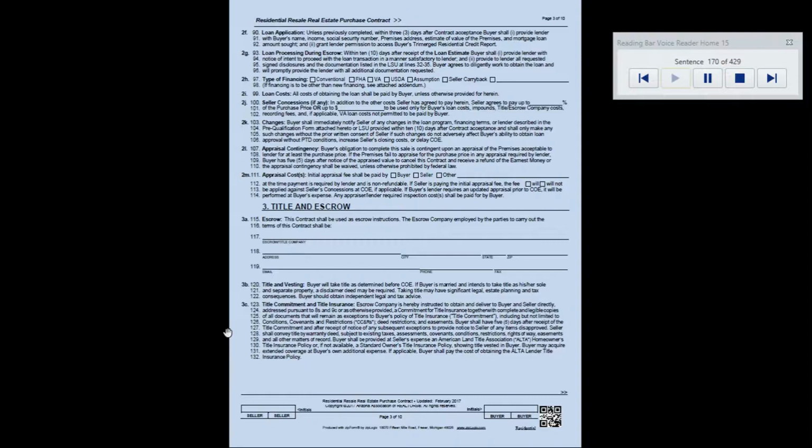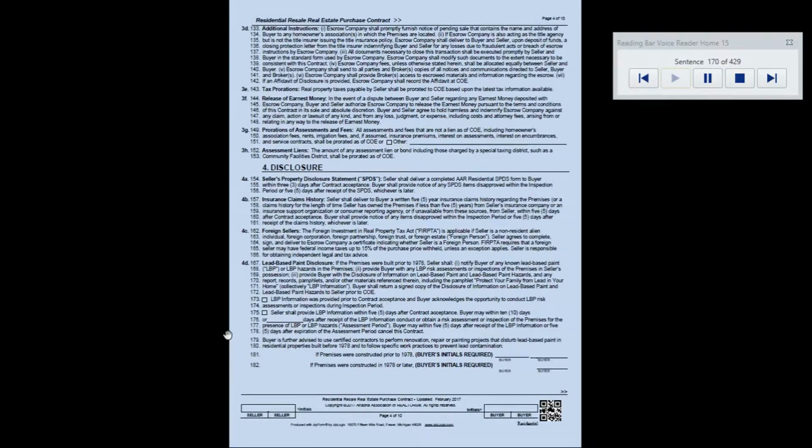Buyer shall be provided at seller's expense an American Land Title Association, ALTA, homeowner's title insurance policy or, if not available, an ALTA residential title insurance policy, plain language 1-4 units, or, if not available, a standard owner's title insurance policy, showing title vested in buyer. Buyer may acquire extended coverage at buyer's own additional expense. If applicable, buyer shall pay the cost of obtaining the ALTA lender title insurance policy.